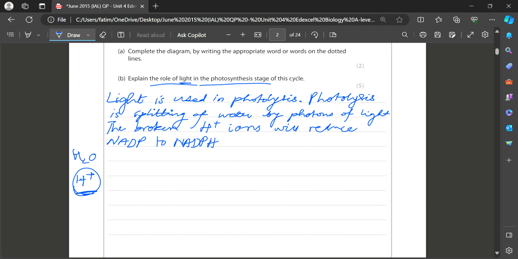And then we have an excited electron. So an excited electron over here is collected by the electron acceptor. And then transferred along the electron transport chain.